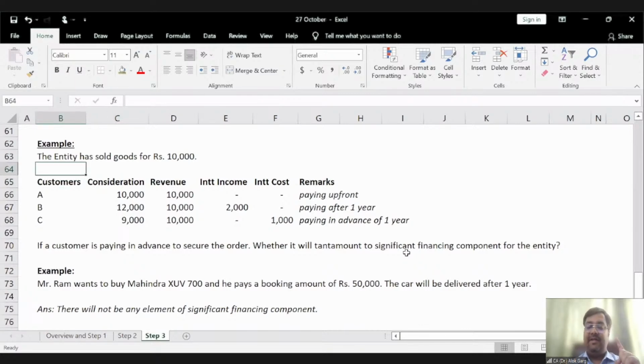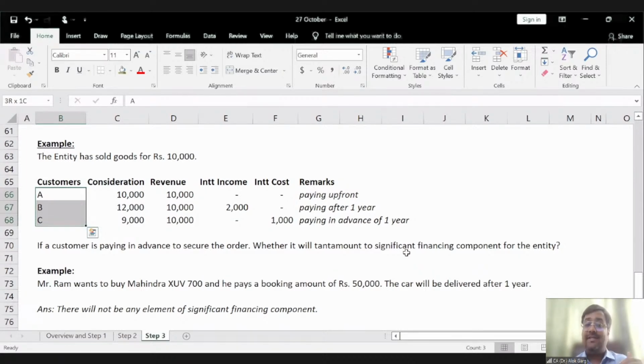And Sumit, tell me as an auditor what you will suggest. This is a single entity, and this entity is selling goods to A, B, and C, three different customers. The price of the goods is the same. They have made the purchases from the same places. Everything is the same, right? But the consideration is different for all three customers. Why? The first customer is paying in time, so the entity is asking for 10,000 rupees only. The second customer is deferring the payment, so the entity is asking for more money.